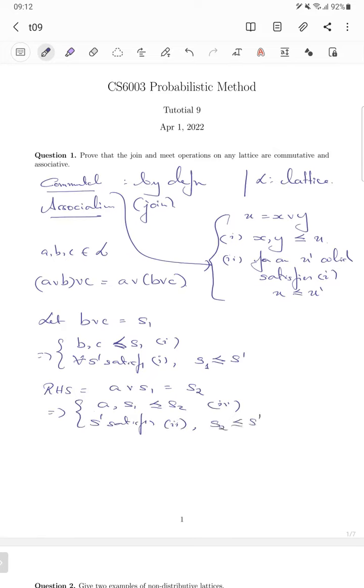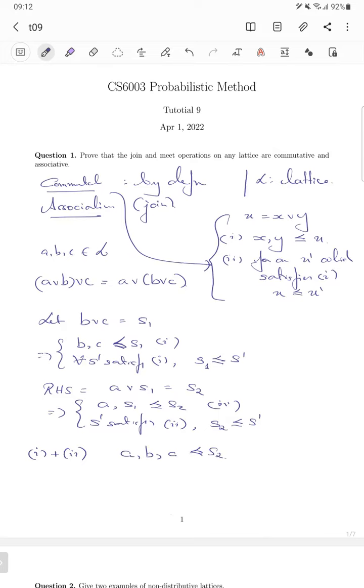So from these two, S2 becomes kind of the global maximum. If I combine 1 plus 2, I'll get that A, B as well as C, all of them precede S2. That's what you're saying, right?